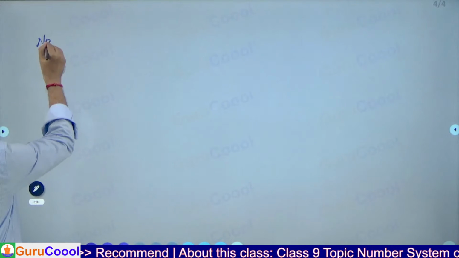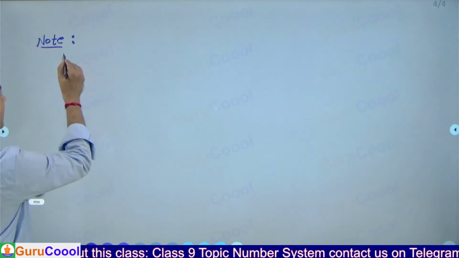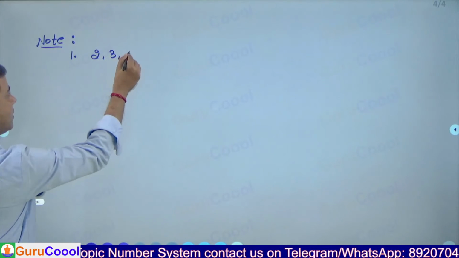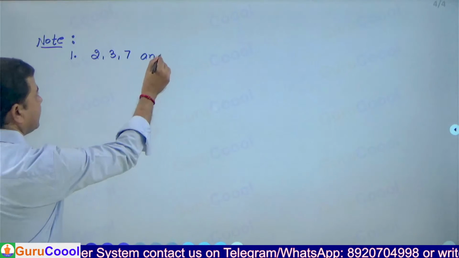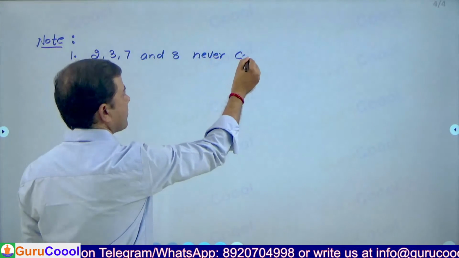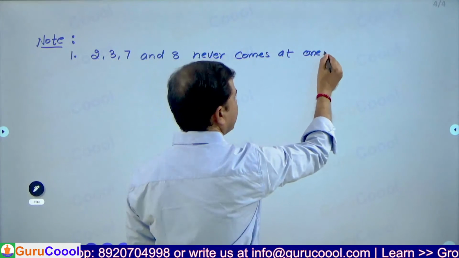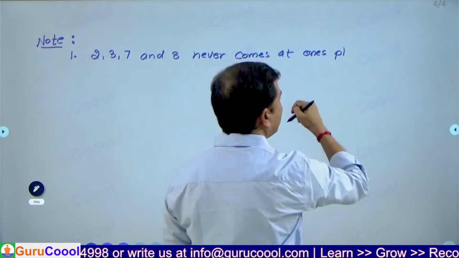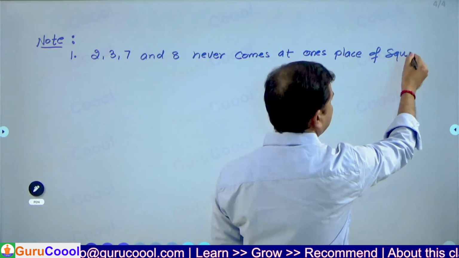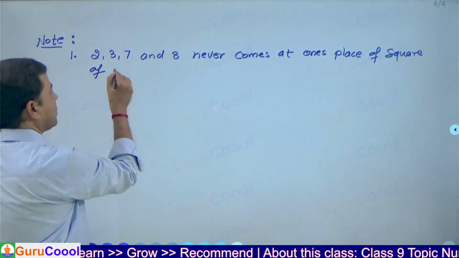So let's note it down. If we notice something very important, we should remember: 2, 3, 7 and 8 never come at one's place, or you can say units place, of the square of any natural number.